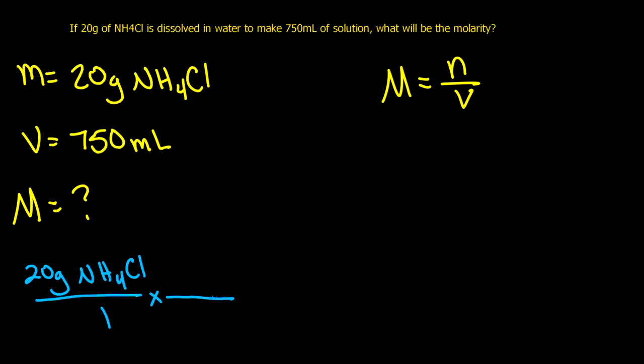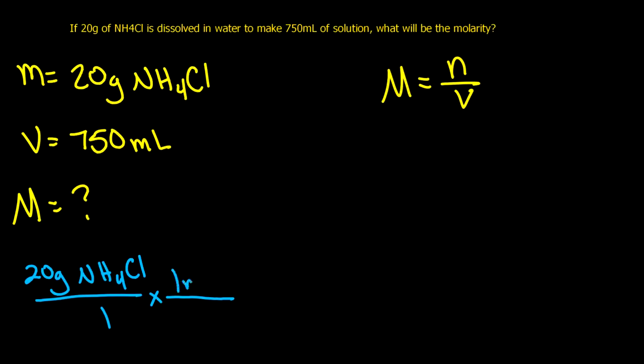So I need my periodic table. I'm going to look for the molar masses of these compounds, and I'm going to round my atomic mass number to the nearest whole number. So chlorine's 35, nitrogen's 14, and there's 4 hydrogens, so that's another 4 grams. 35 plus 14 plus 4 is 53 grams.